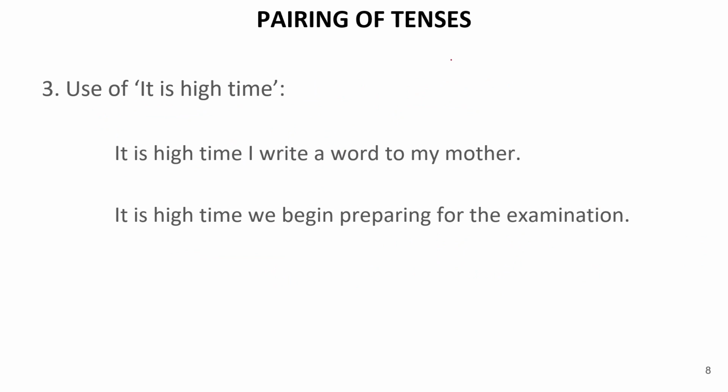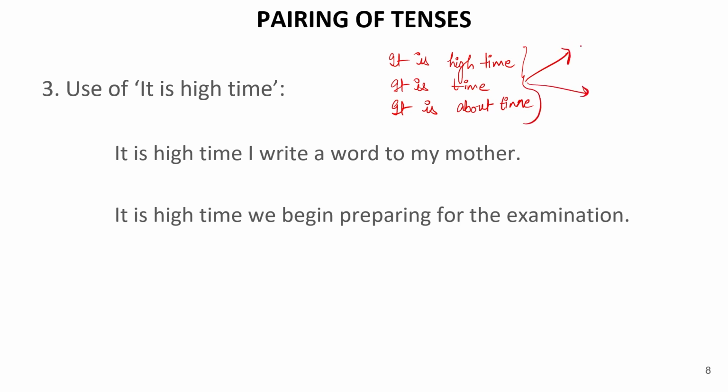Now, this is again a very important concept. Whenever we say it is high time, or it is time, or it is about time, if we use any of these expressions, we have two conditions after any of these phrases.